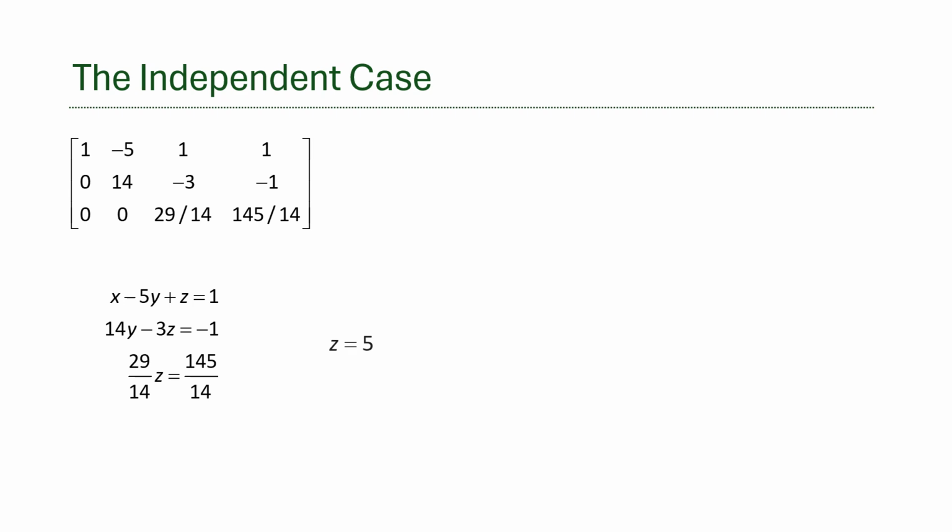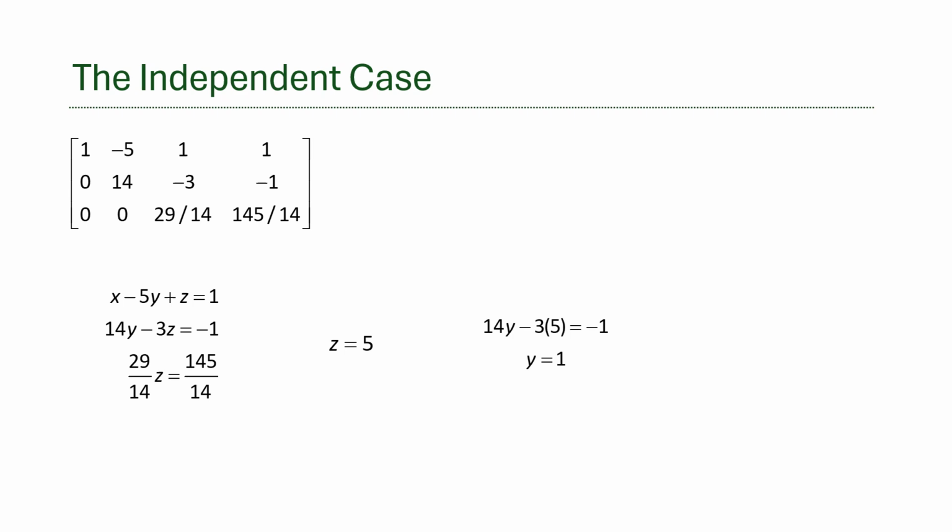So solving that equation is pretty straightforward. We multiply both sides by 14, divide both sides by 29, and we get z equals 5. So despite having to deal with those messy fractions turning up, it came out nice in the very end here. Now I'm going to continue with the backward substitution.